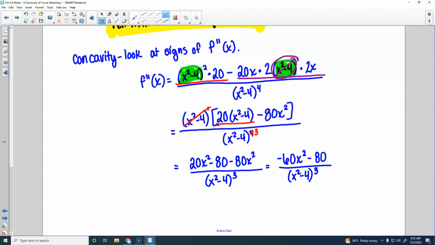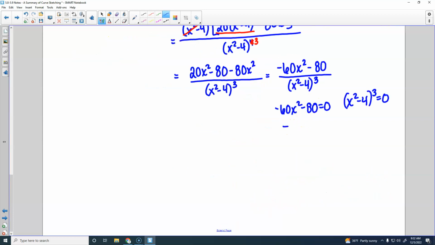Okay, questions? All right, so if we look at this, we've got to look at numerator and denominator equal to 0. So negative 60x squared minus 80 would equal 0, and then x squared minus 4 to the third power would equal 0.